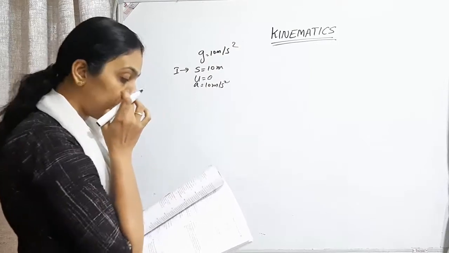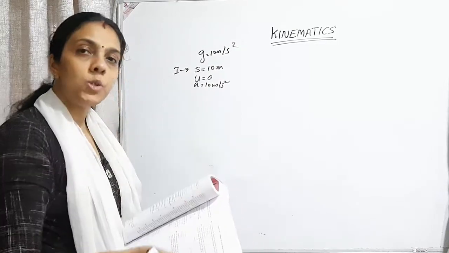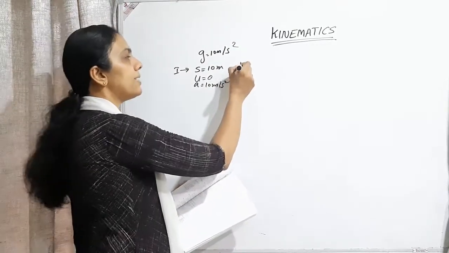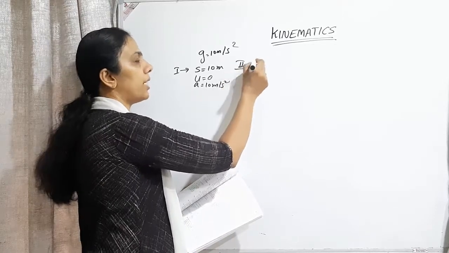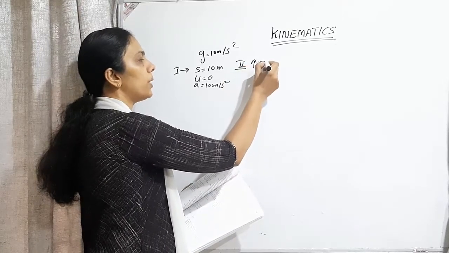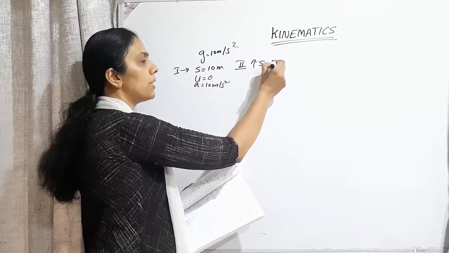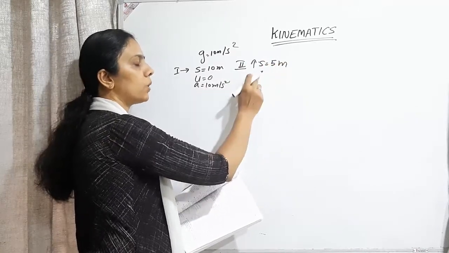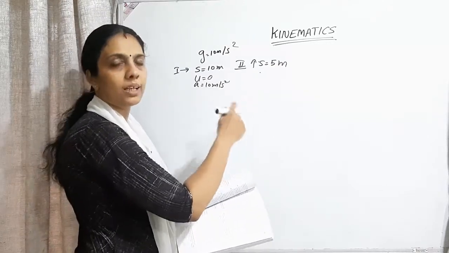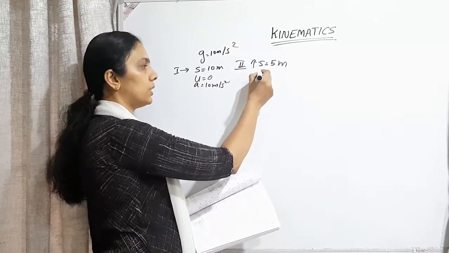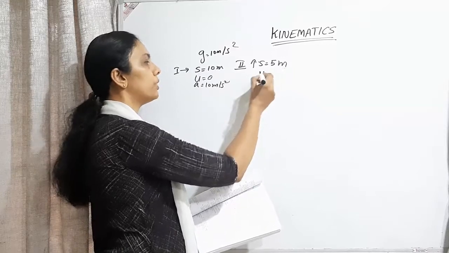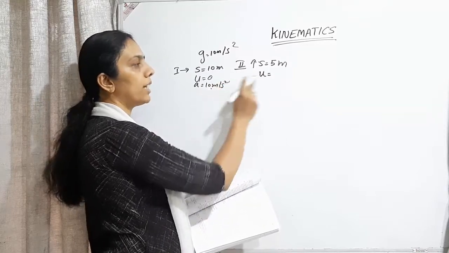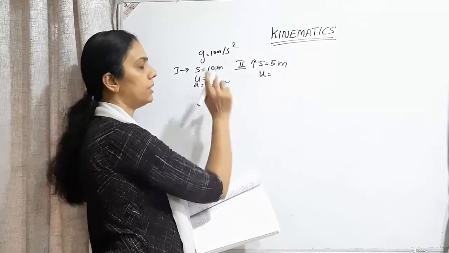Okay. And it rebounds to a height of 5 meter, so in the second stage it is moving in the upward direction. So when it is moving upward, displacement is 5 meter. Initial velocity will be the final velocity which we got over here. That is the initial velocity, U. U will be whatever you are getting as V here.